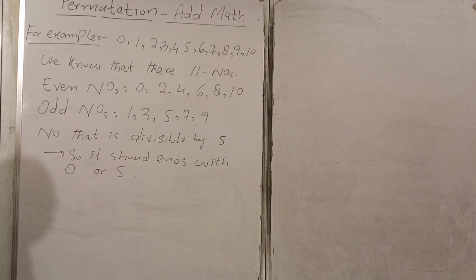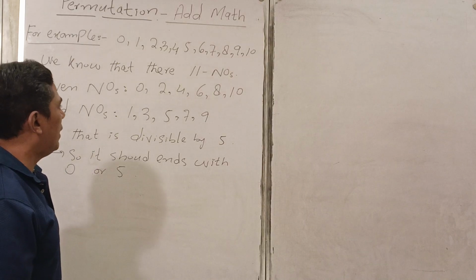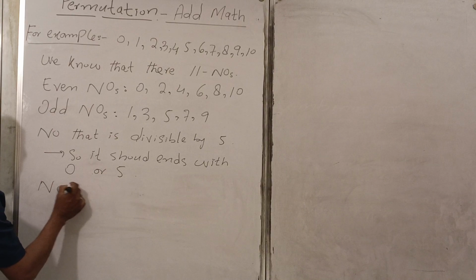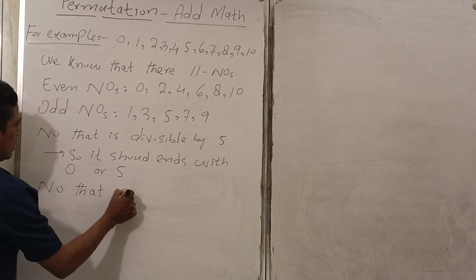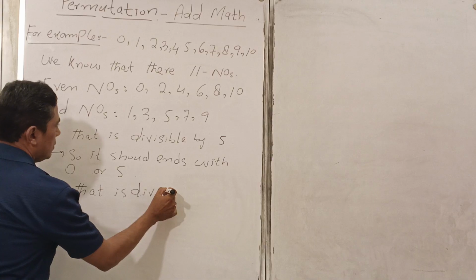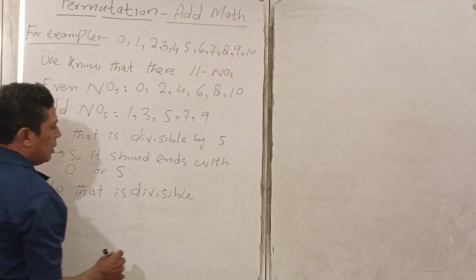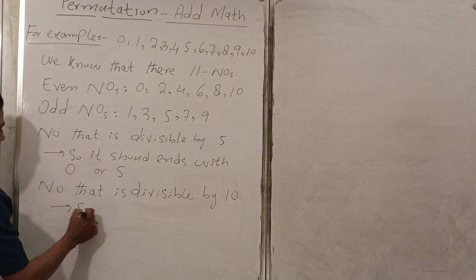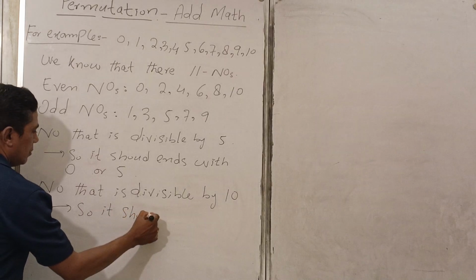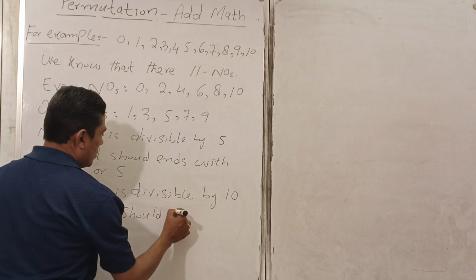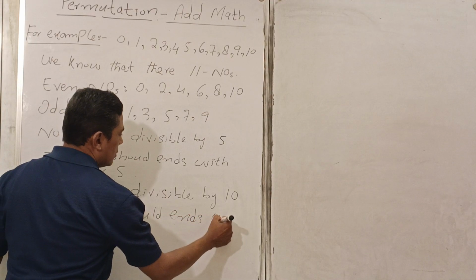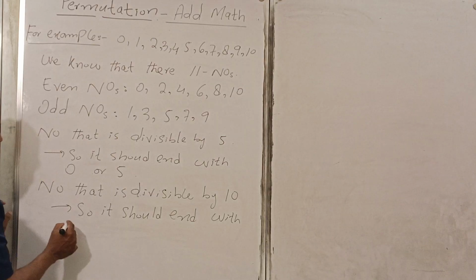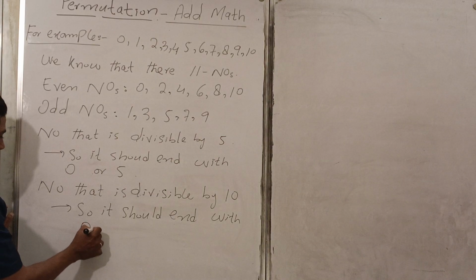Clear? If I ask you for a number that is divisible by 10, it should end with what? 0.